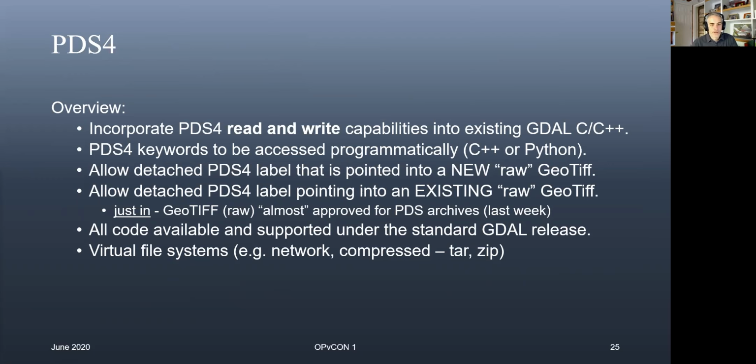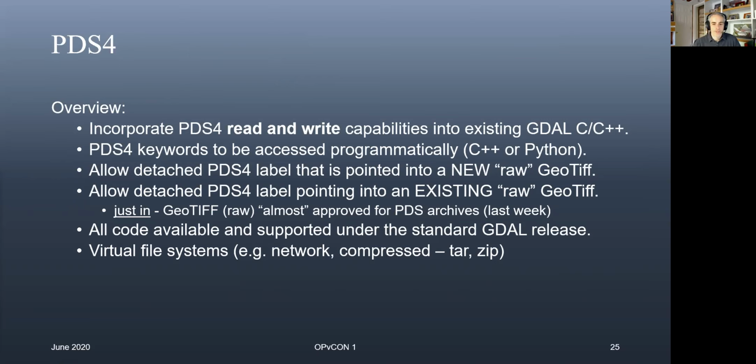Just in, GeoTIFF was initially approved by the PDS data working group last week, which means that hopefully if it passes through full approval, we will be able to support GeoTIFF raw as a PDS archive with a PDS4 label that's fully descriptive of that GeoTIFF.